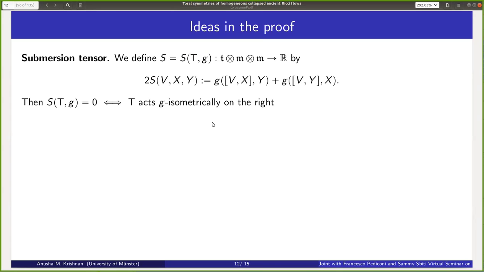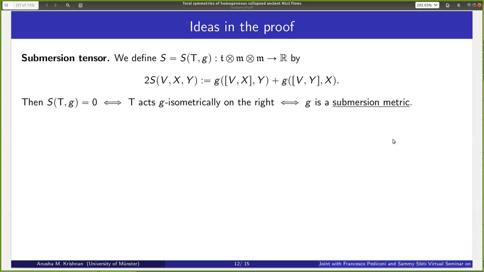The terminology for this is that G is a submersion metric. So another way to say this is that this tensor vanishes if and only if G is a submersion metric for the torus fibration with fiber T. Okay, so that's why we call it the submersion tensor.